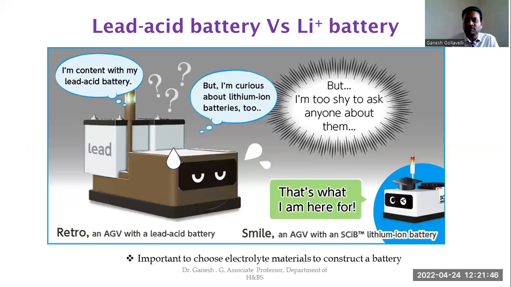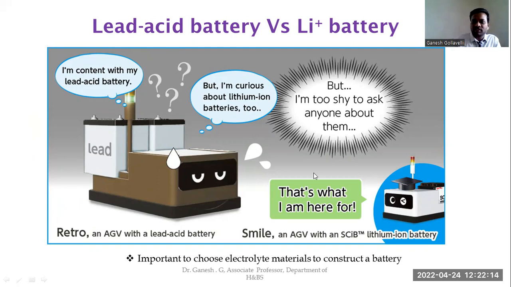So what is the advantage of the lithium ion battery compared with the lead acid battery? Here you can see most of the vehicles we know run with lead acid batteries. It's also a rechargeable battery, but it occupies a lot of space. And acid and lead, these two are harmful to the environment.